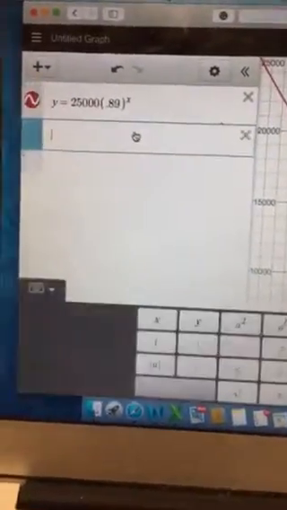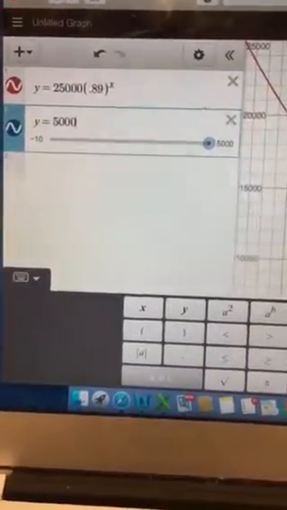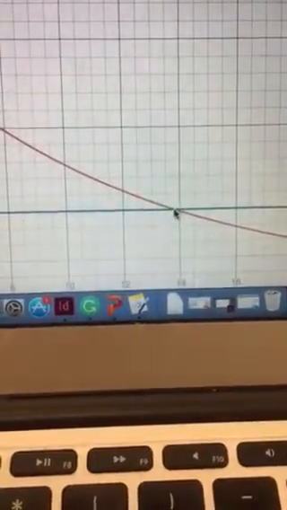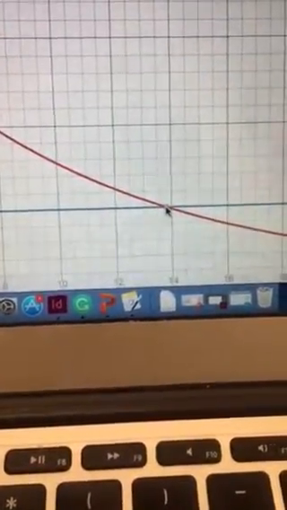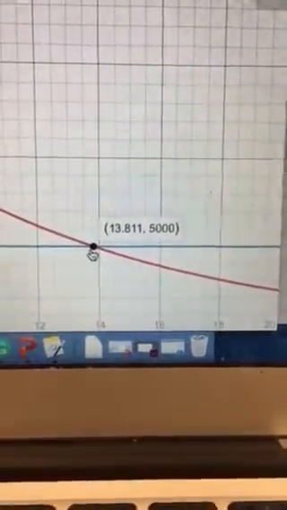I could also go over here into my graph and type in y equals 5,000 and look at this as a system. Look, here comes the $5,000 blue line, and where they intersect will tell me the time, which was about 13.8.